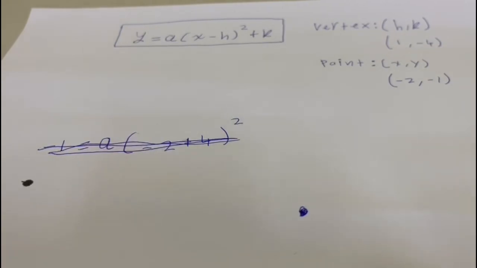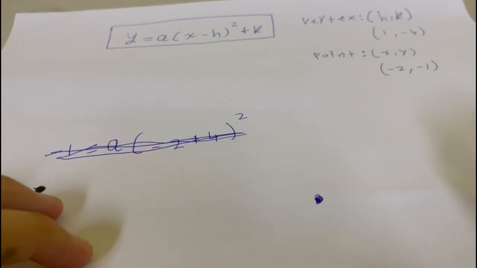We're going to start writing the equation of a parabola. The vertex (h, k) is given as (1, -4), and the point (x, y) is given as (-2, -1). We start calculating.